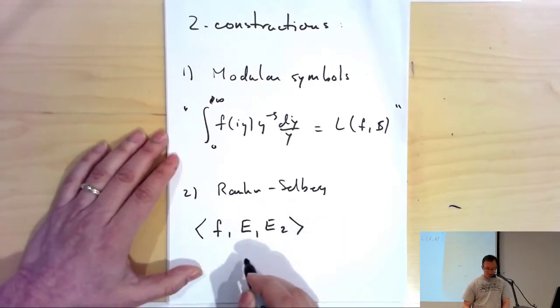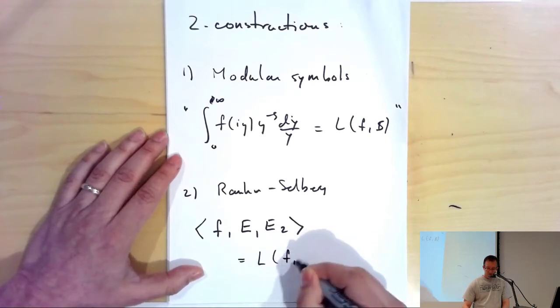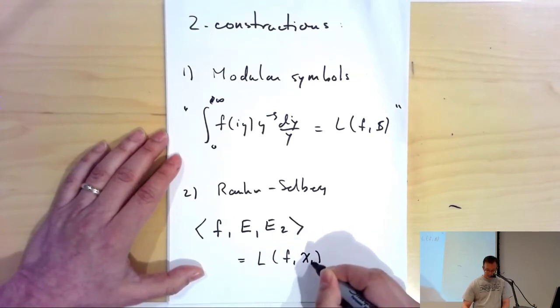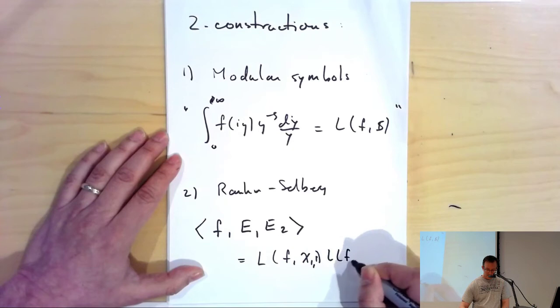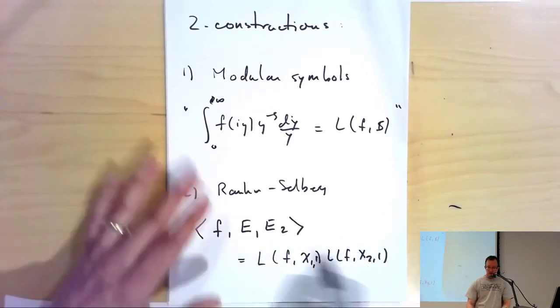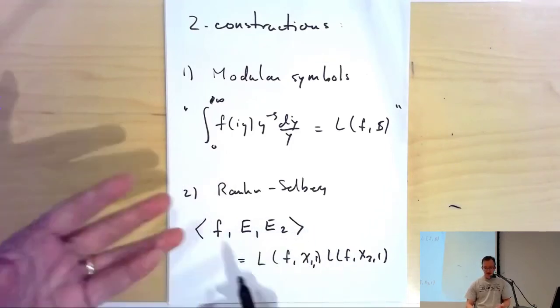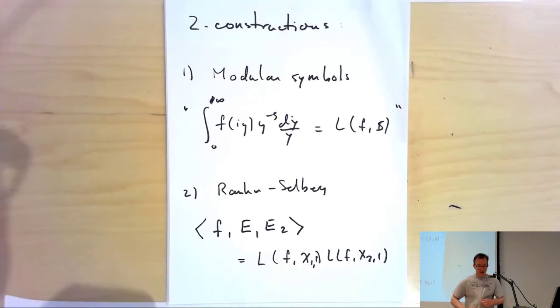And this Petersson inner product then unfolds to a product of L functions, maybe L(f, chi_1, 1) times L(f, chi_2, 1). These characters, chi_1 and chi_2, depend on the characters of the Eisenstein series. I'm thinking of both, maybe in this case, having weight 1 or something like this.